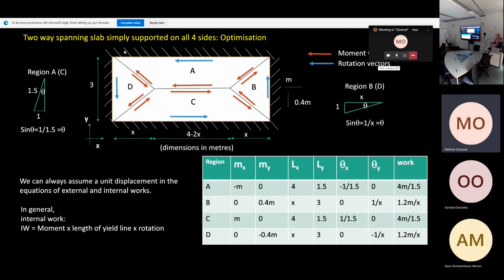The projection of this region A, this is the yield line. When you project this yield line onto the x-axis, it gives you 4 meters. And when you project this yield line on the y-axis, you can see that it's 1.5 meters.